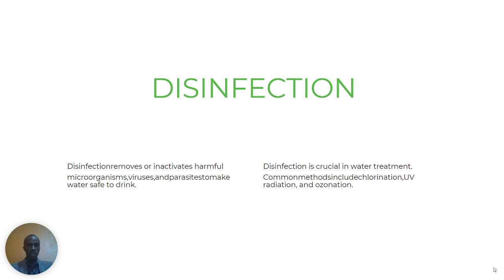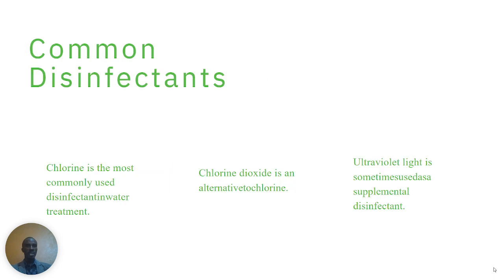It is a crucial water treatment process which involves chlorination, UV or ultraviolet radiation, and ozonation. But the most common process of disinfection, which we are going to interest ourselves in, is using chlorine, or what we are going to call chlorination. It is the most common one in our setting.